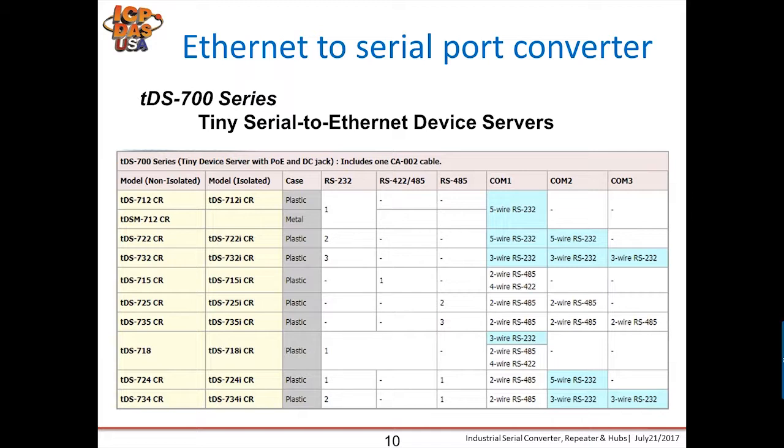A TDS700 device server can be used to create pair connection application, as well as serial bridge or serial tunnel, and can then route data over TCP/IP between two serial devices, which is really useful when connecting mainframe computers, servers, or other serial devices that do not have Ethernet.